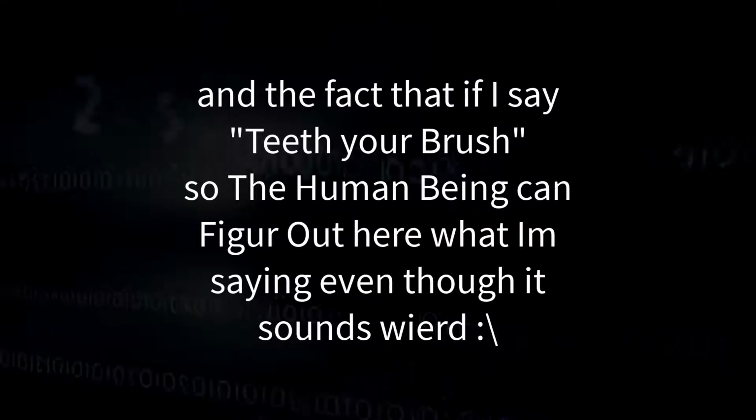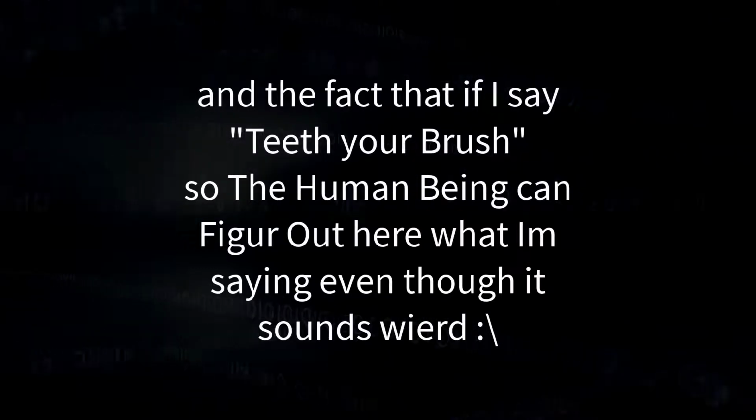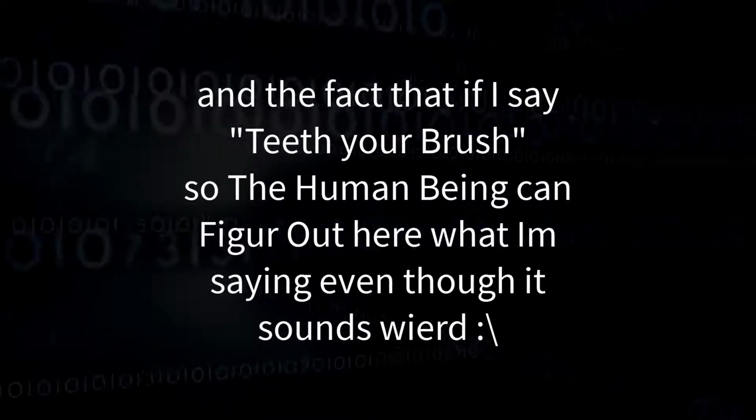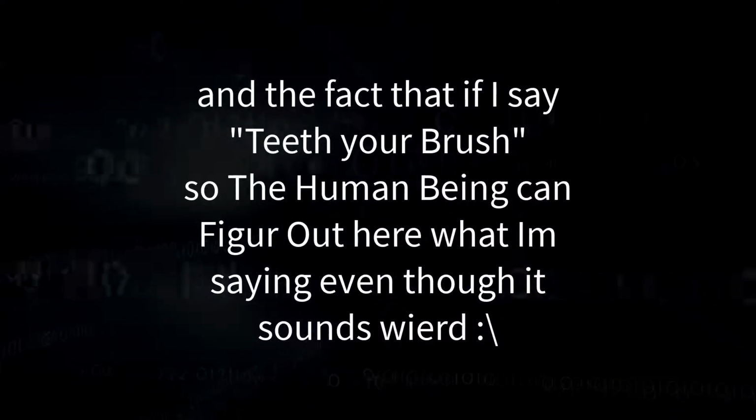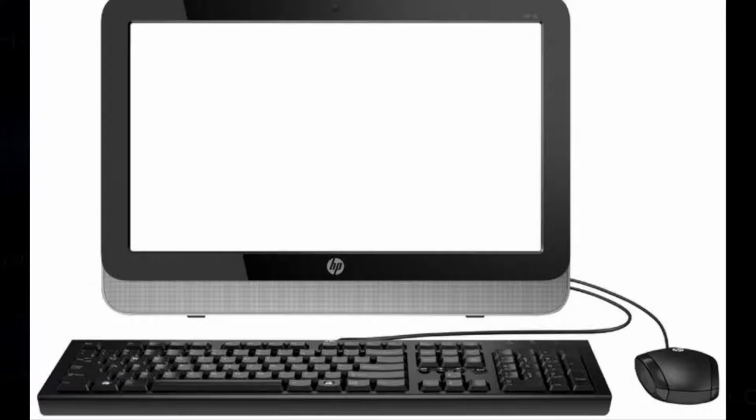If I say "teeth your brush," a human being can figure out what I'm saying, even though it sounds weird. But with the computer, if you just left out one word or one letter or even a semicolon, one piece of punctuation, the whole thing is just not going to work at all. And that makes things challenging.